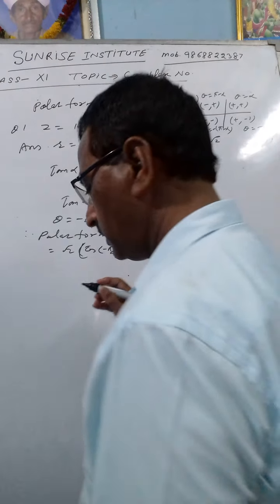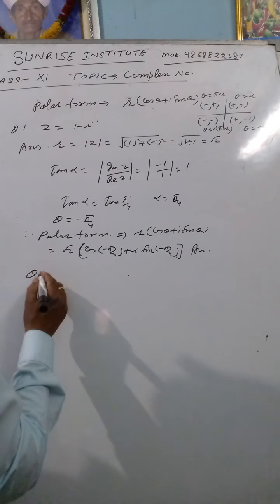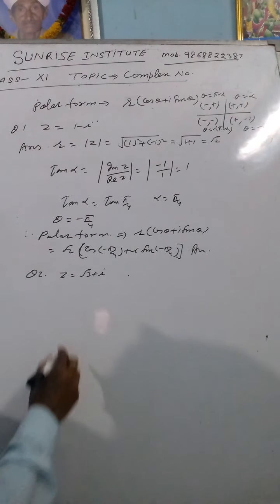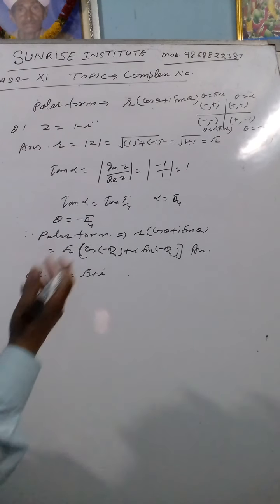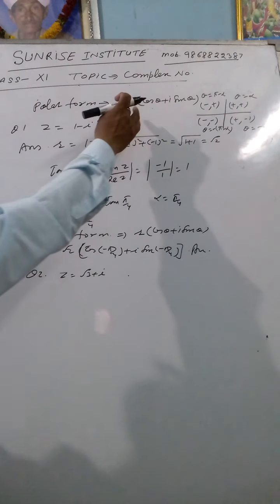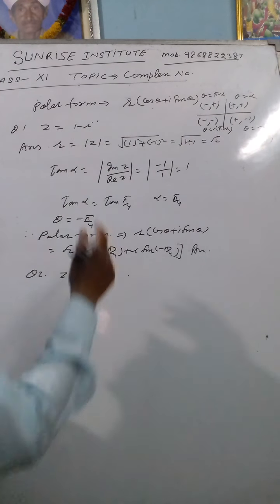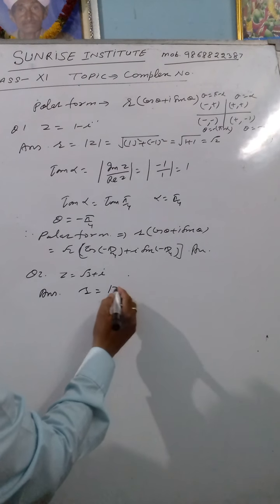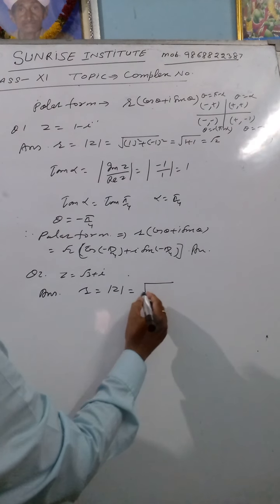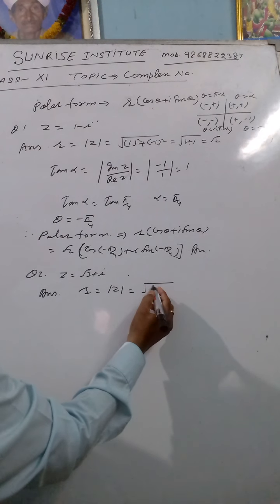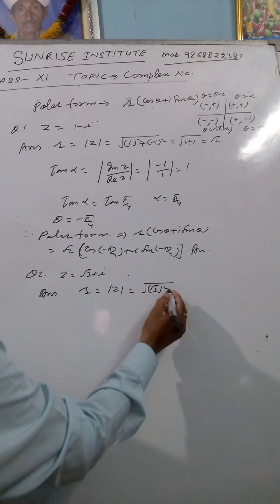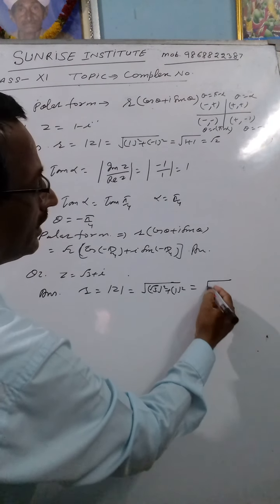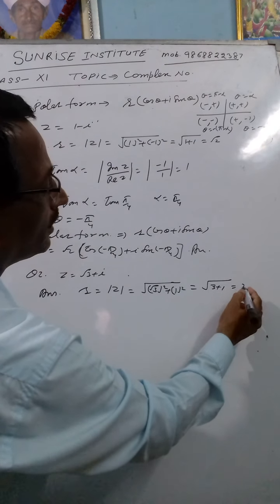Question second: z = root 3 + i. Okay, students, first we find r. Then r equals the modulus of z. Therefore, root 3 squared plus 1 squared, that is 3 plus 1, which is 4, so r is 2.